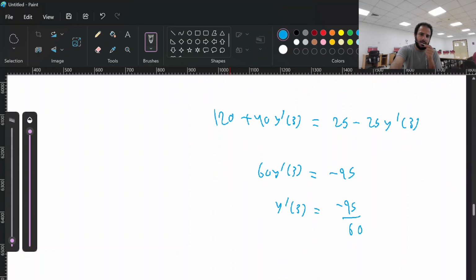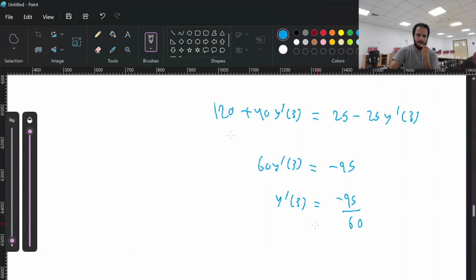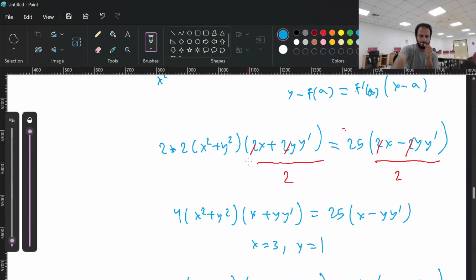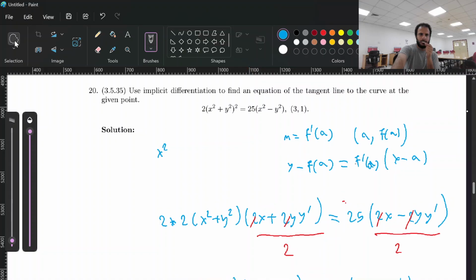Yes, this is good. Now this value here equals what? It's negative 1.58, with 3 repeating, right? So this is the correct one. Now let's substitute in the formula.